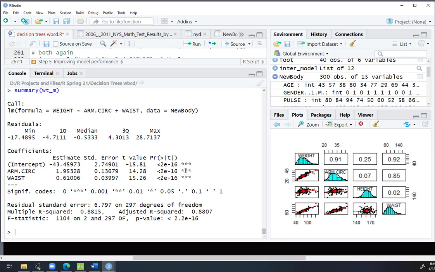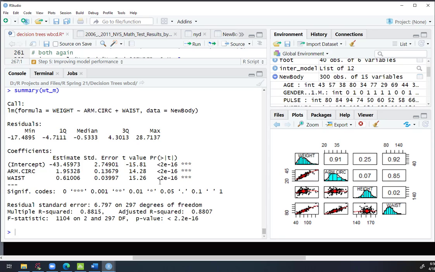Well, the probability that the null hypothesis, this coefficient being 0, is true, that probability is minuscule, almost vanishing. So I'm going to have to reject the null hypothesis that arm circumference does not contribute to the weight, at least the prediction of weight.